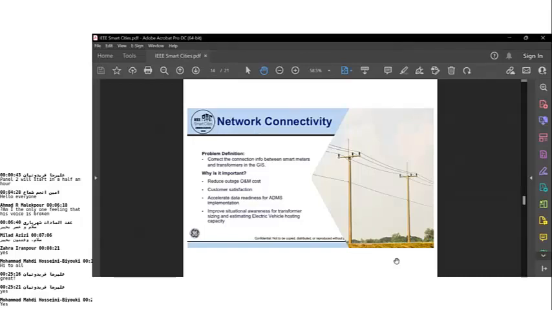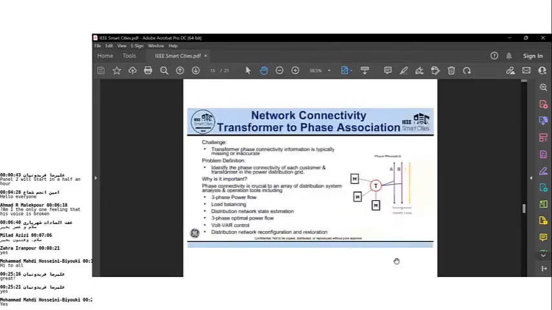The second algorithm under network connectivity is transformer to phase association. If you look at the picture on the right side, a typical feeder line around your house, you see that there are 3 lines, A, B, C, and a transformer is connected to one of those phases, and there's a secondary line coming to your houses, supporting your houses through the meter.